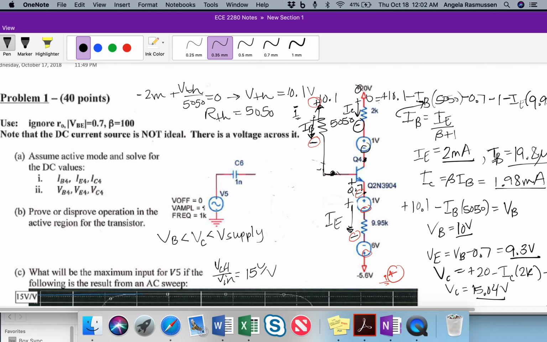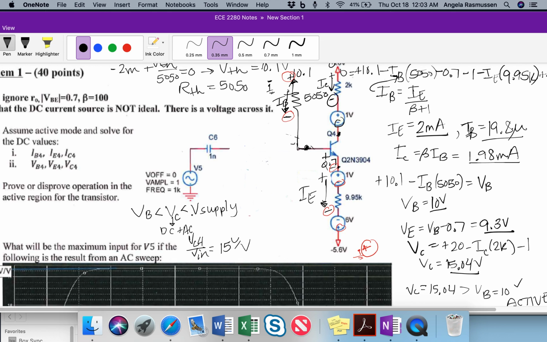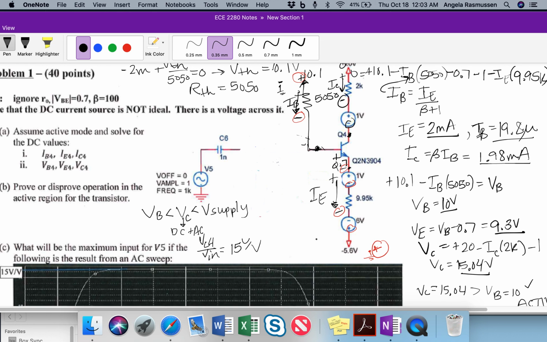Currently VC is VC total, which is the AC combined with the DC. Remember that VC is a DC value plus an AC value. The DC value was about 15 volts, the supply max would be 19 volts, and VB was found to be 10 volts.